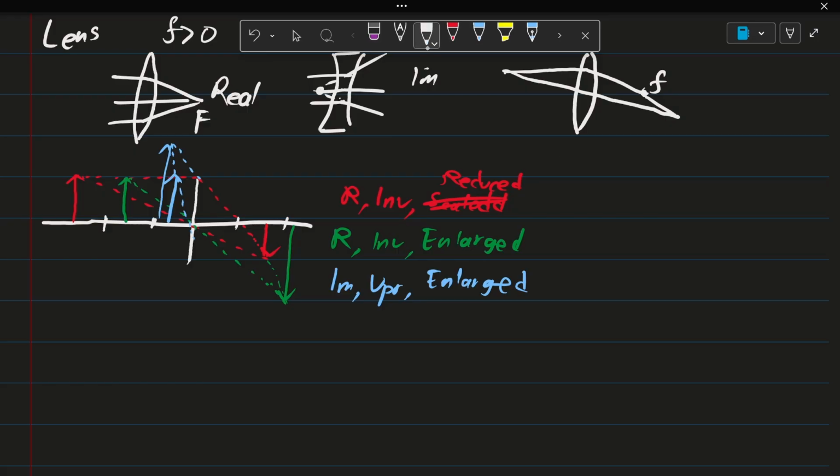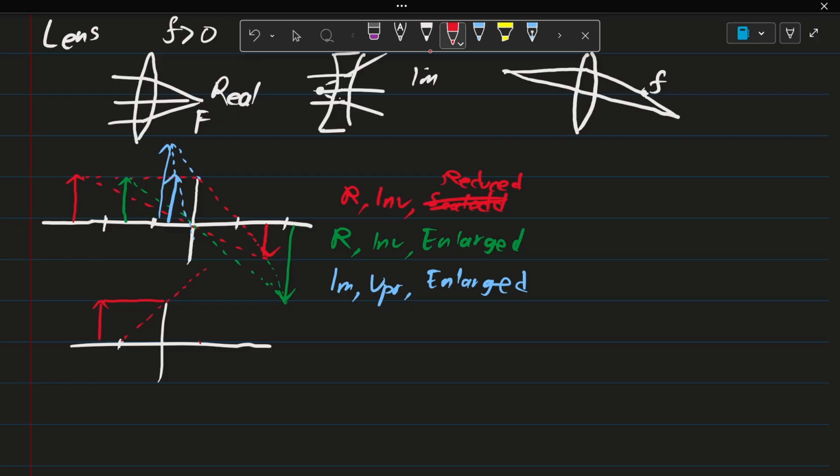What about for a concave lens? If you have your image here, it's going to hit this guy, and then it will try to hit your focus, which is technically here. So it is going to be scattered outwards.